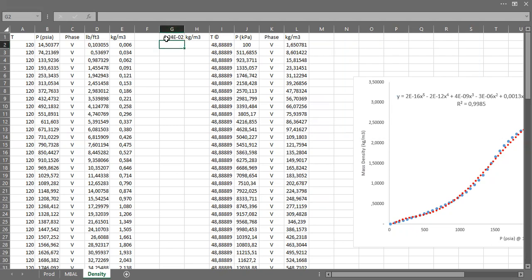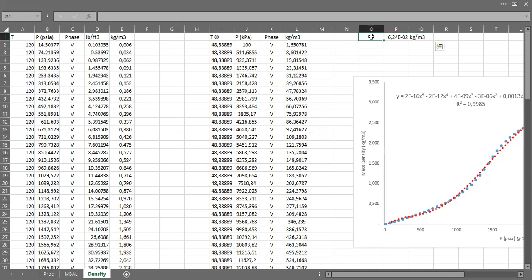So the statement is like this: 1 pound per cubic foot, like this. So it should be divided by this number. It will be equal to 1 kilogram per meter cube, like this, right?